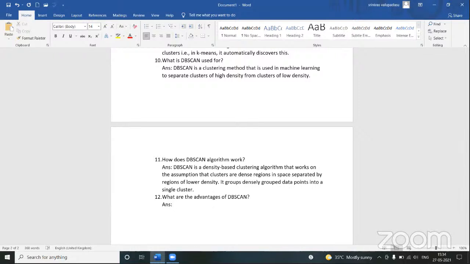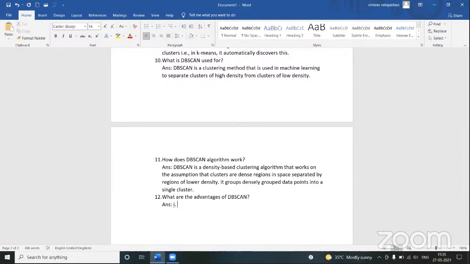It is the opposite of K-means. In K-means, we decide the number of clusters; here, no need to define. The second advantage is it can find arbitrarily shaped clusters, and it can even find a cluster completely surrounded by a different cluster. So these are the three advantages of DBSCAN.